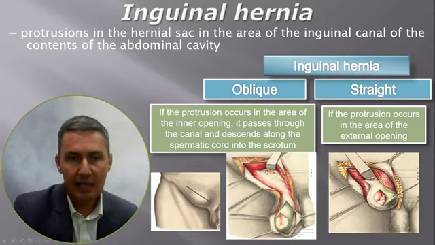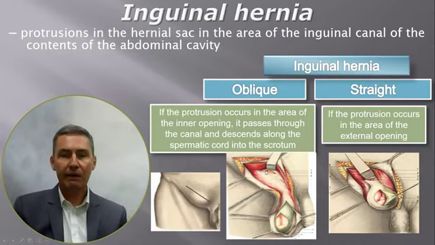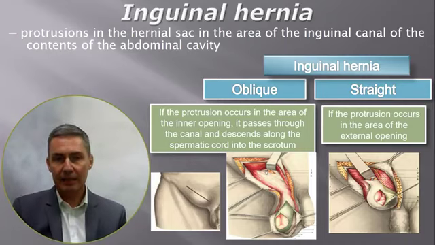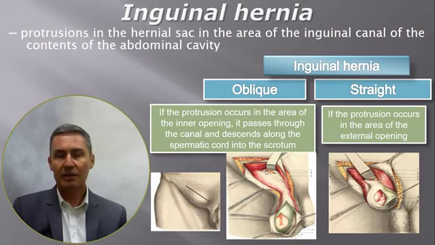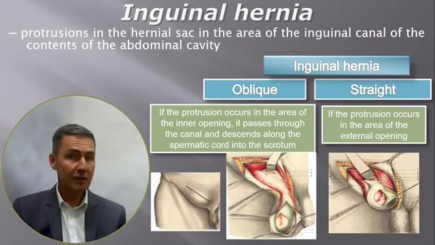Quite often such oblique inguinal hernias are a congenital disease, because the layers of the tunica vaginalis testis are not closed for some reason in embryonic life.